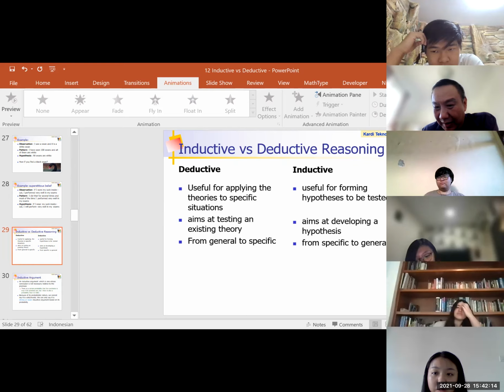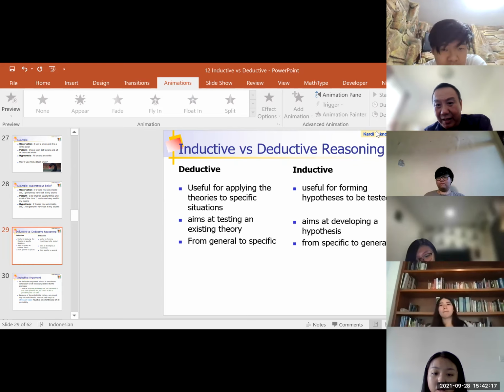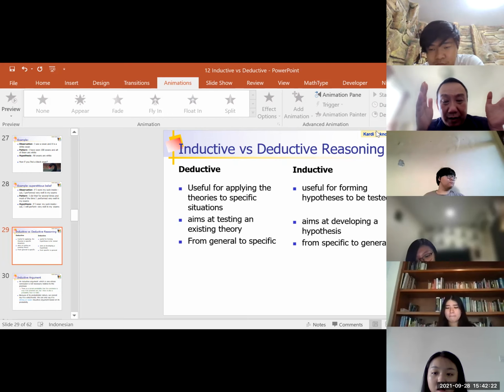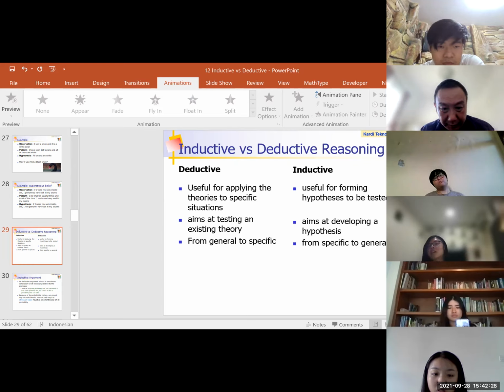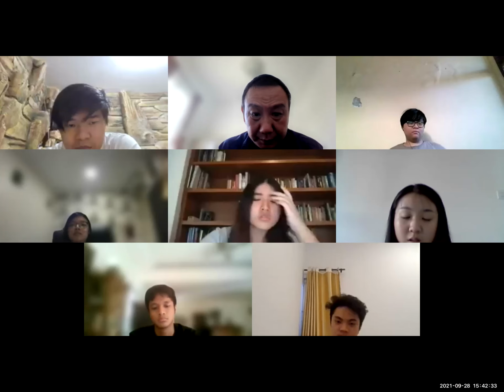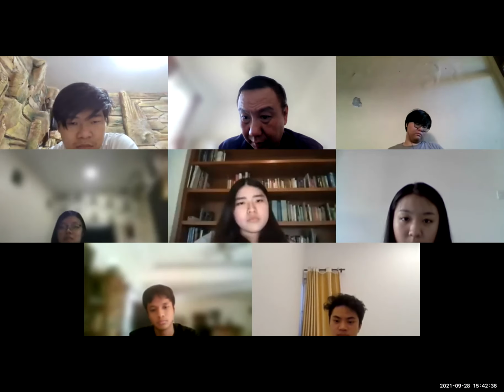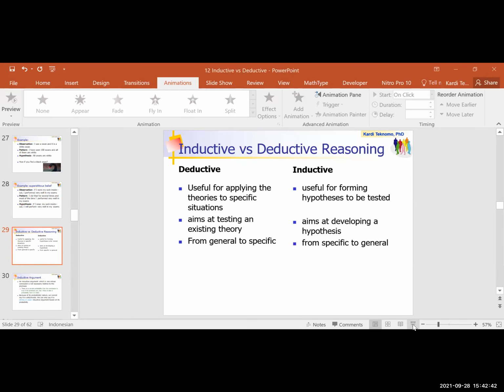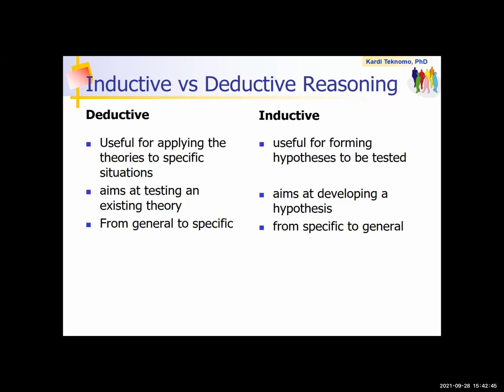So let's make the distinction between deductive and inductive. Again, deductive is useful to apply theories to specific situations, while inductive is useful to form hypotheses to be tested.